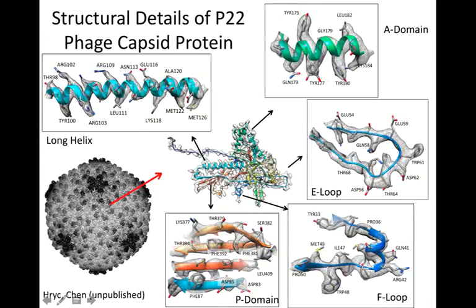The one on the left is this long alpha helix, the one on the top is the short helix, the ones on the right are two different loop areas, and the one on the bottom shows the four anti-parallel strand densities of this single polypeptide subunit. As you can see, almost all the side chain models match well with the density, except the negatively charged residues like the glutamic acid as well as the aspartic acid residues.